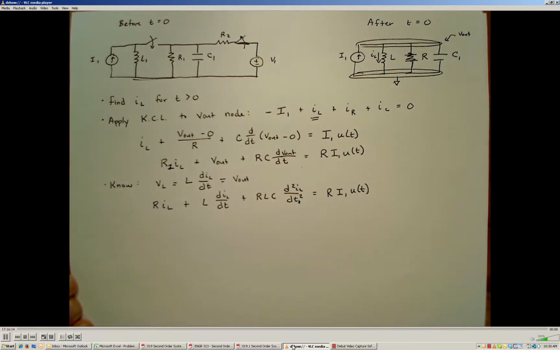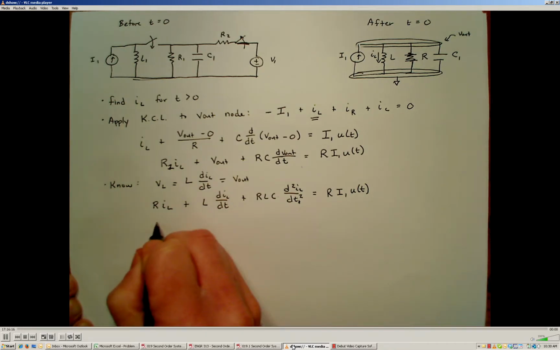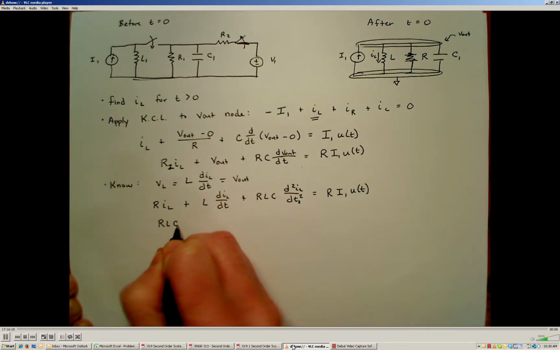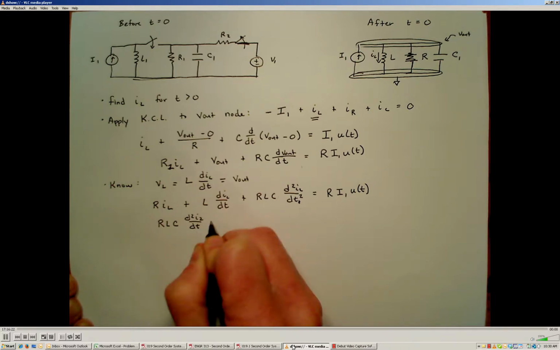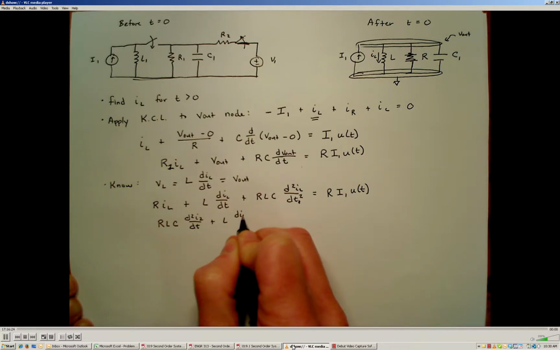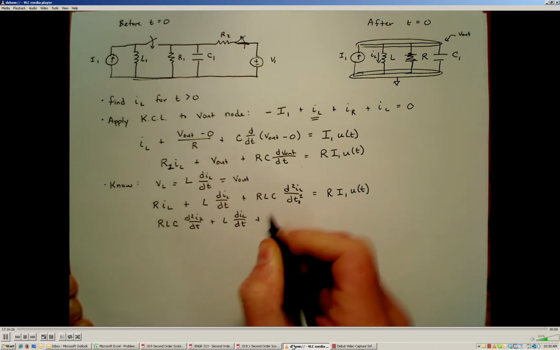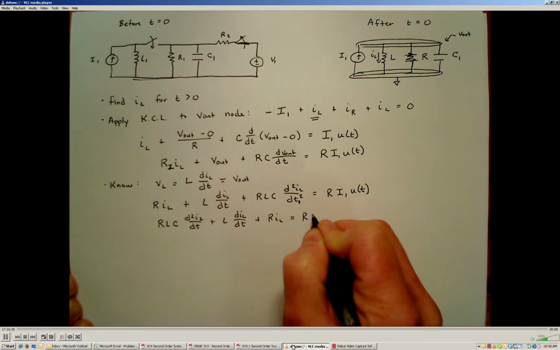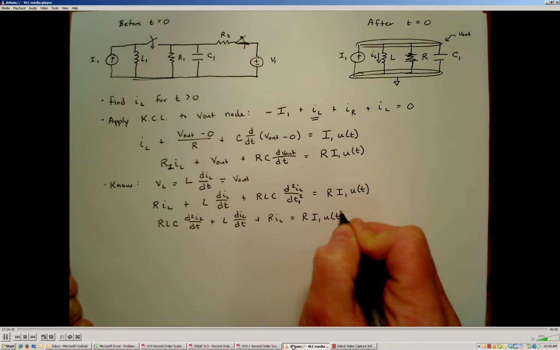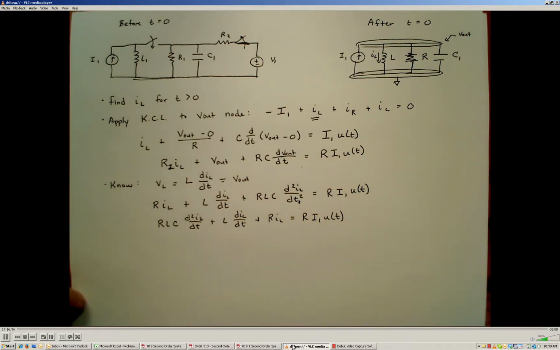Okay, so doing a bit of rearranging here, put it into standard form. I have a second order differential equation in terms of the current through the inductor. Now that I have that, I can get my variables that are important for solving this differential equation.